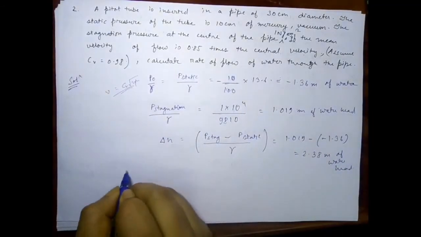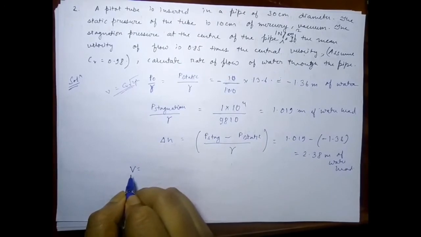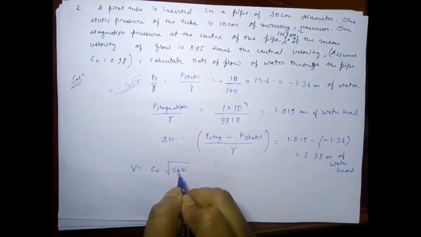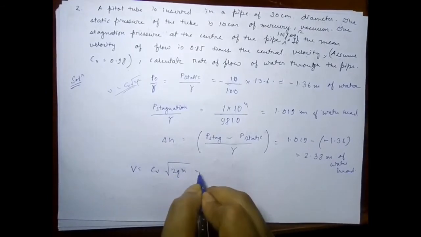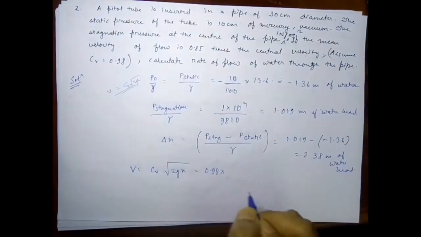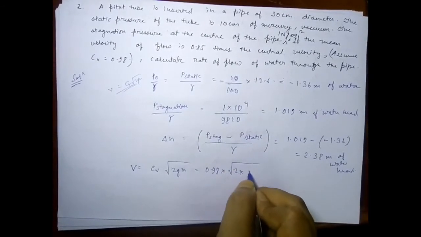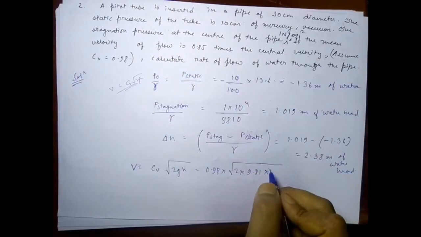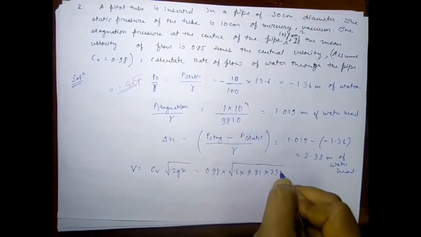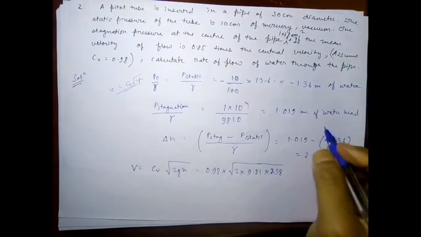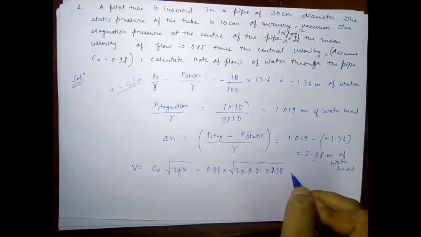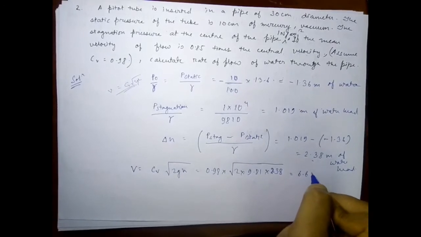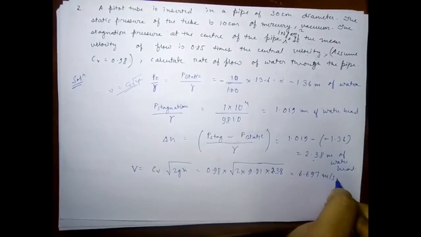So the center line velocity V is equal to Cv times root 2gh, and that is equal to 0.98 times root 2 times 9.81 times h, which is 2.38. Therefore the velocity is equal to 6.697 meters per second.